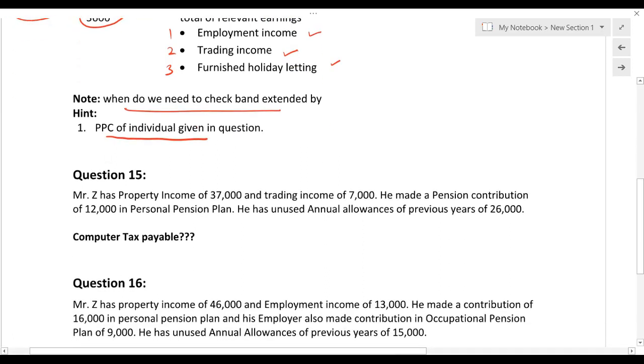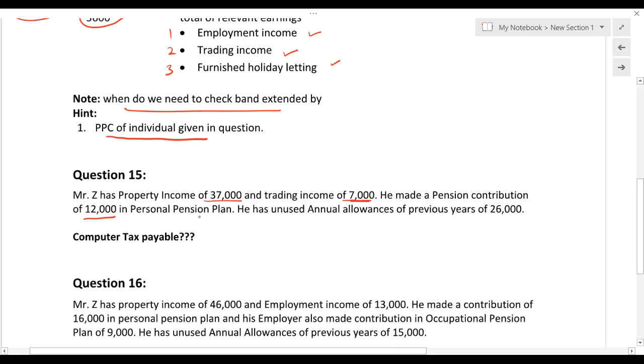Let's try question 15. Mrs. Z has property income 37,000, trading income 7,000. He made pension contribution 12,000. A very important point: nothing is mentioned, then whatever contribution is made in PPC is always treated as net. You have to gross it up by multiplying by 100 and dividing by 80.